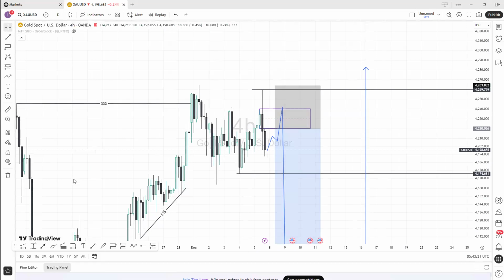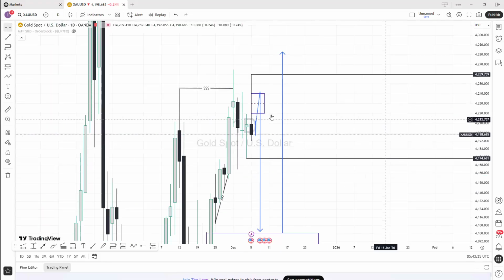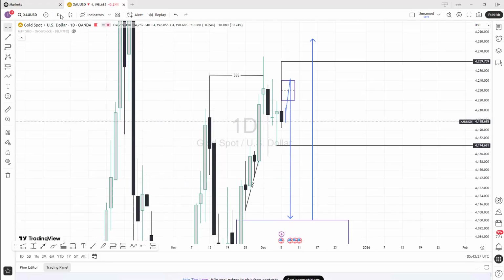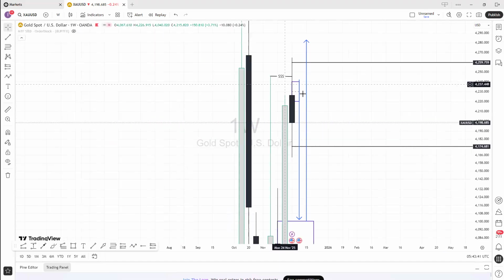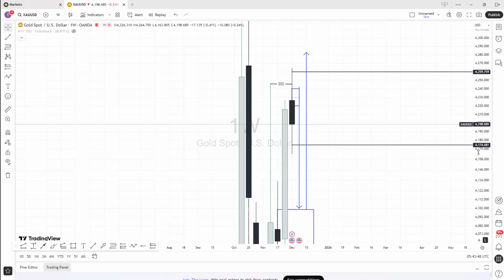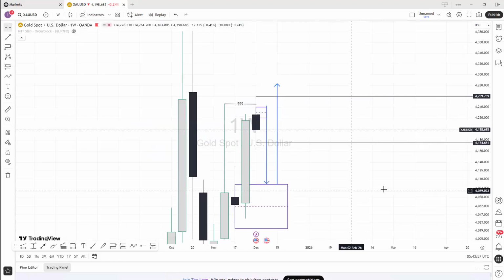See, on the daily time frame, Friday's candle closed bearish with a rejection. Also on the weekly time frame, last week closed bearish with a rejection. So the bias is bearish next week, with how much percent?